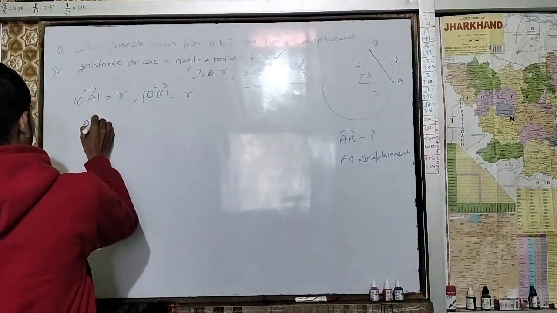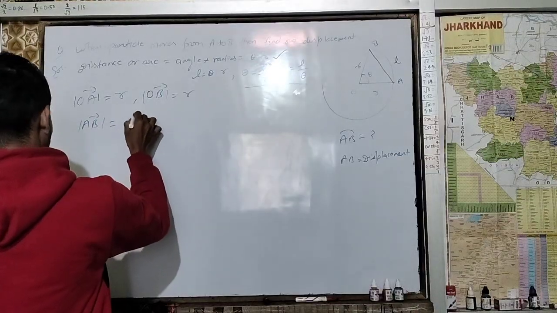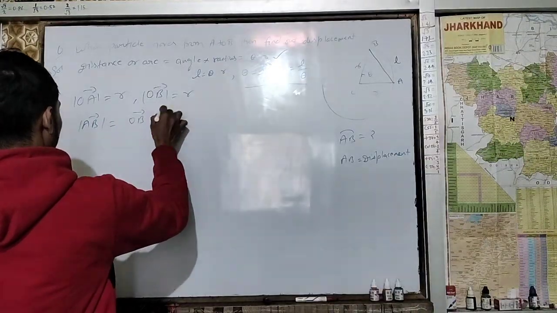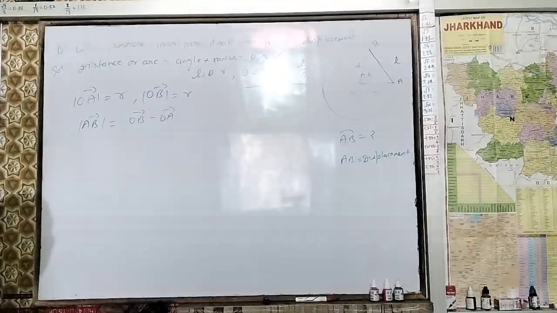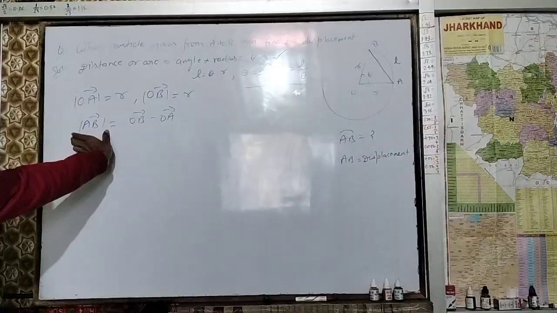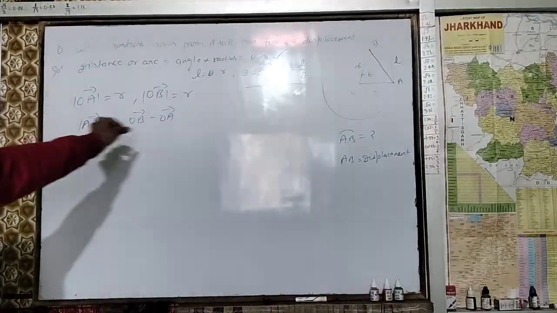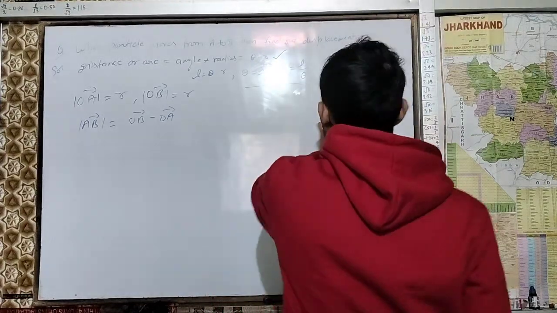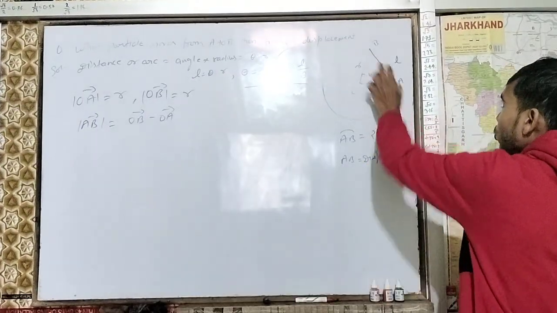You can write AB is equal to OB minus OA. OB is our radius, OA is also a radius. So OB minus OA is equal to AB.